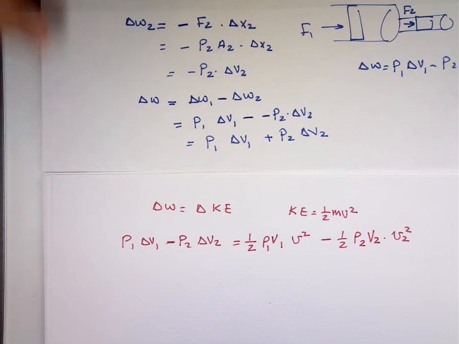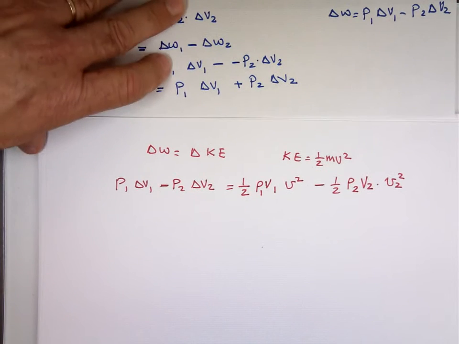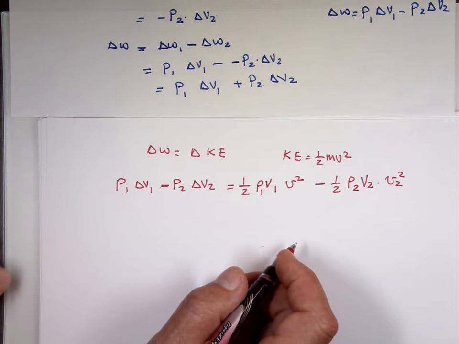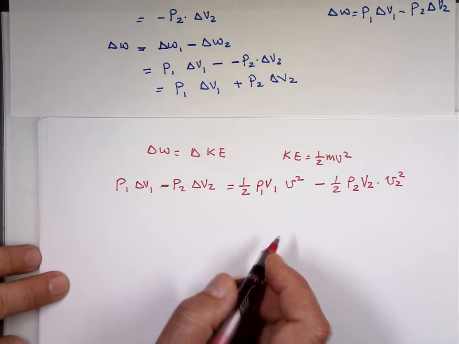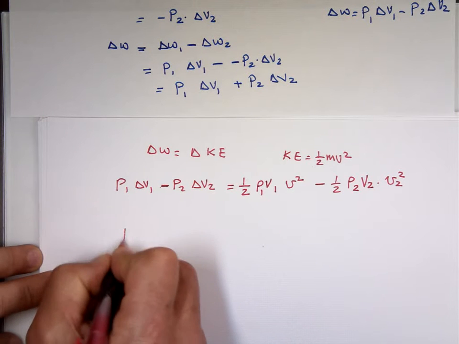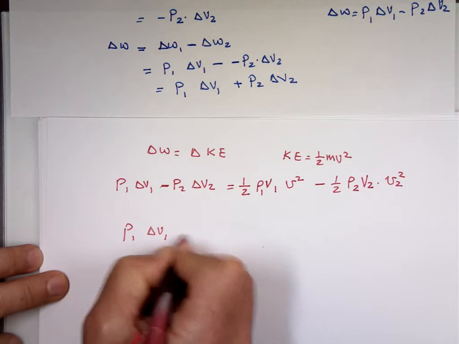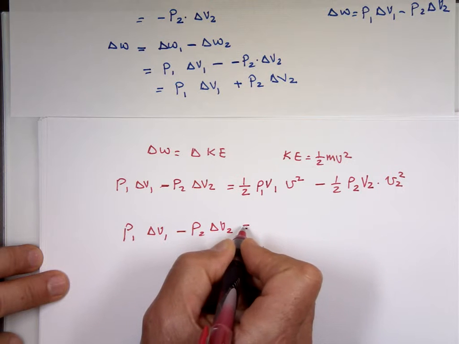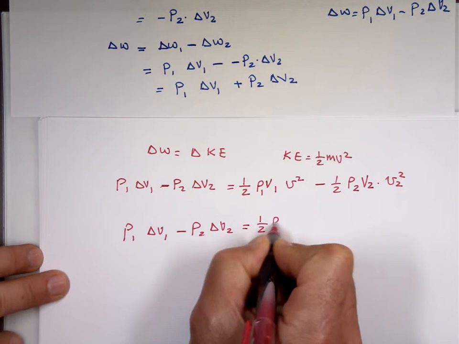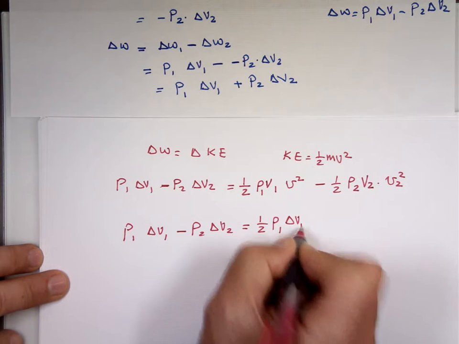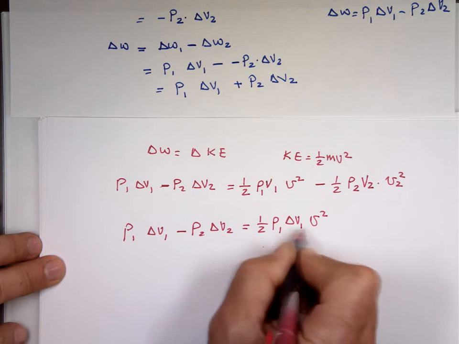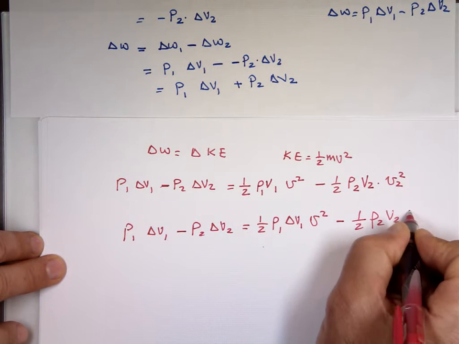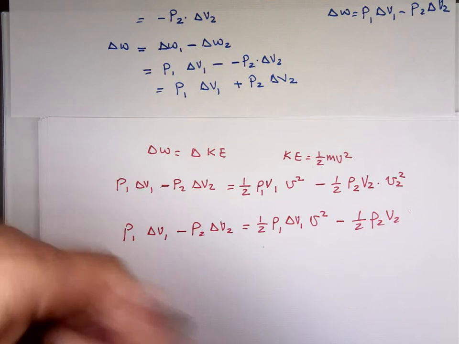If you take this equation, rewrite it nicely: P1 delta V1 minus P2 delta V2 equals 1/2 rho 1. Instead of V1, how about change of V1 times the velocity squared, so you know velocity and volume there. How about delta V here? It looks nicer when you do it that way.